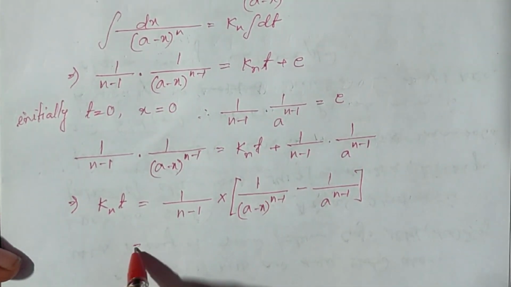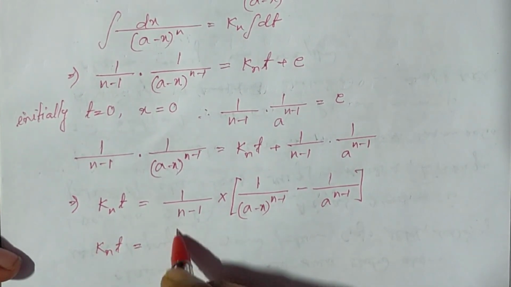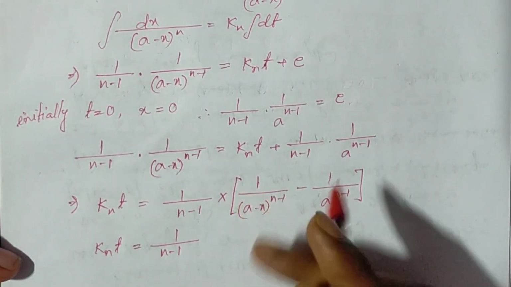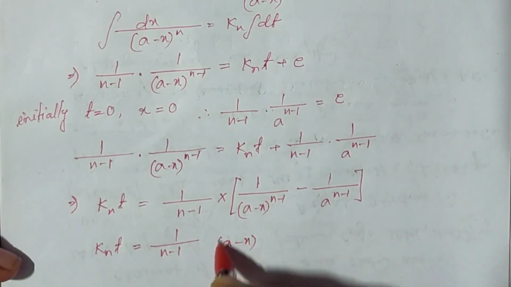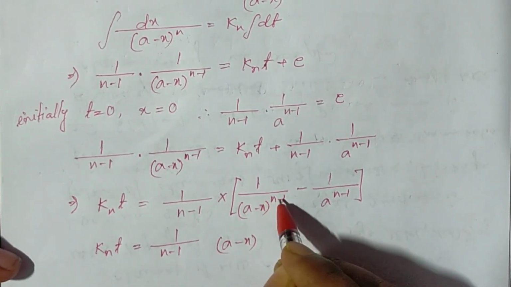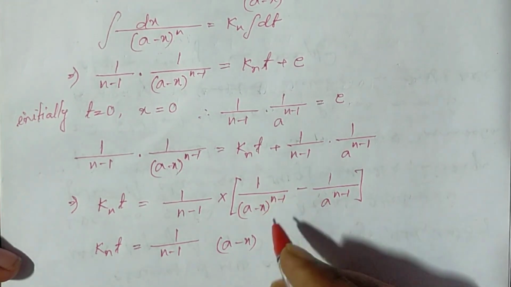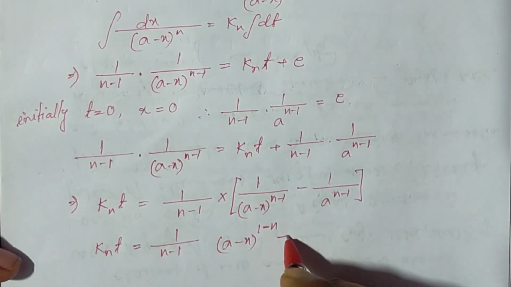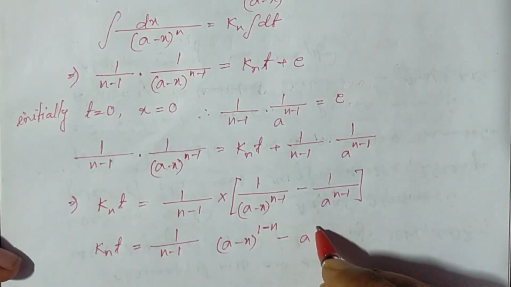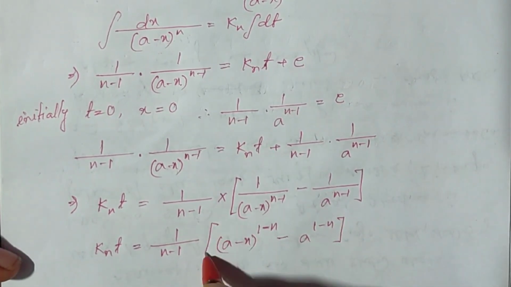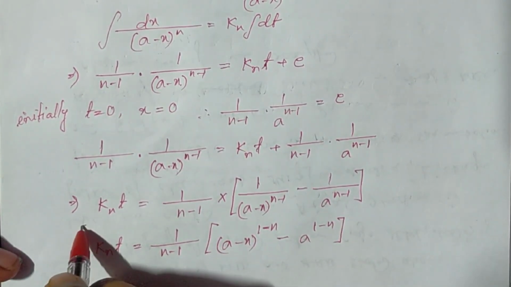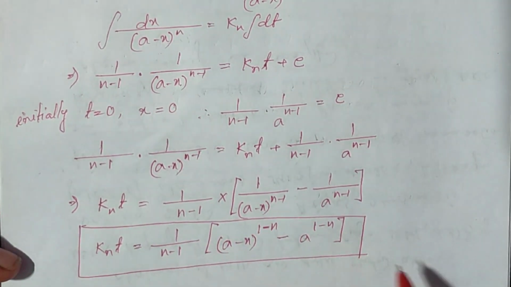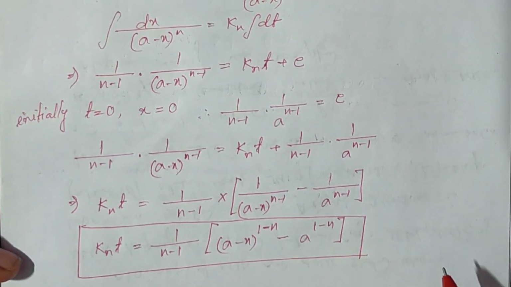So we can write this as (a minus x) to the power minus (n minus 1), and minus (n minus 1) we can write as 1 minus n. And here you can write this also as 1 minus n. So this is the final equation for nth order reaction.